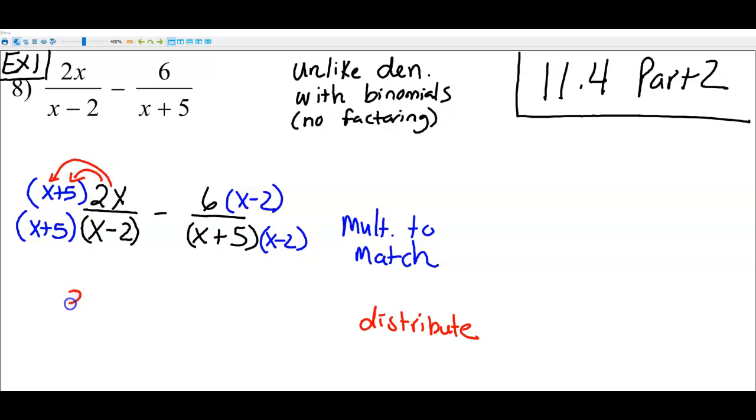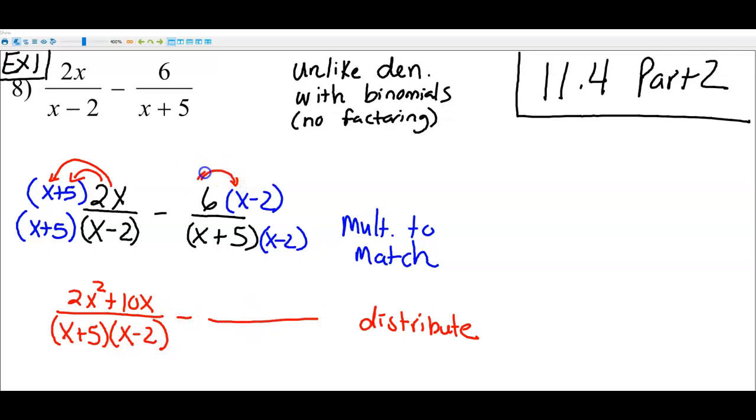That gives me 2x squared plus 10x. Same thing here. I'm going to distribute this 6, so that gives me 6x minus 12.